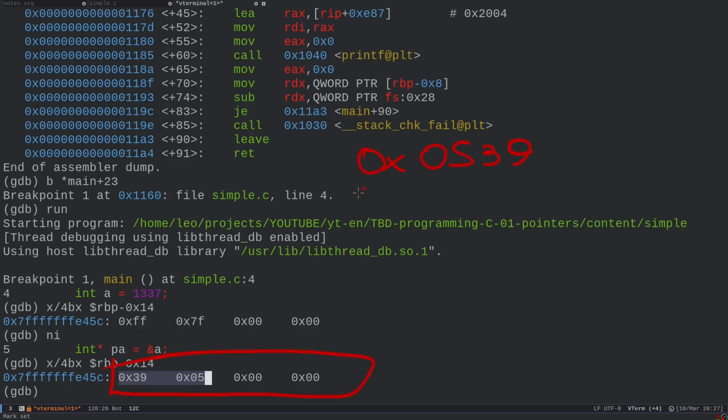I mean, technically this would be 0x0000 because it's this one, 00 is this one, 05 is this one, and then 39, which is the first one, which becomes the last one. But of course, all these zeros have no sense mathematically. They are just 0, so we don't need to write them. So this is 0x539.